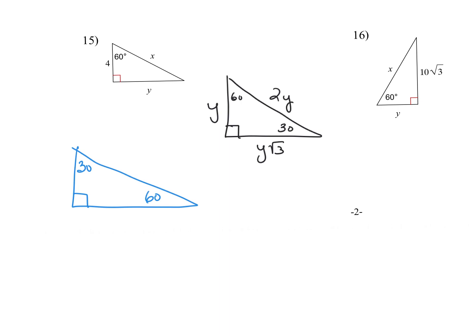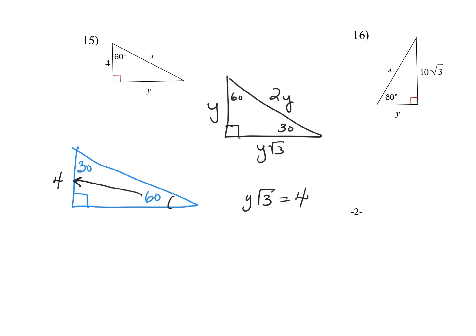Okay. Notice how in this example, my blue example, I have 60 degrees in this corner, okay? So again, you have to pay attention to the angles, okay? So this 4 is actually the side opposite the 60 degrees, which is y square root 3.